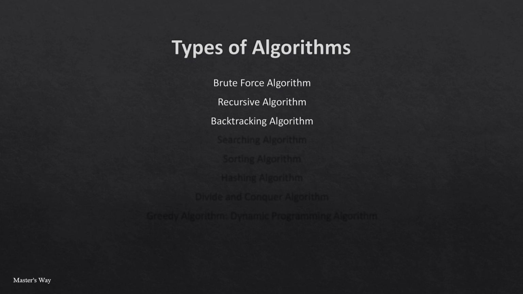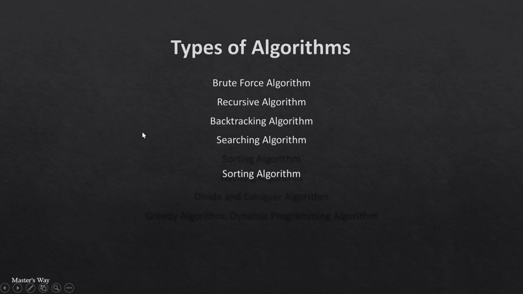And next we have the searching algorithm. The name itself denotes that it is used for searching. Searching algorithms are the ones used for searching elements or groups of elements from a particular data structure. They can be of different types based on their approach or the data structure in which the element should be found.